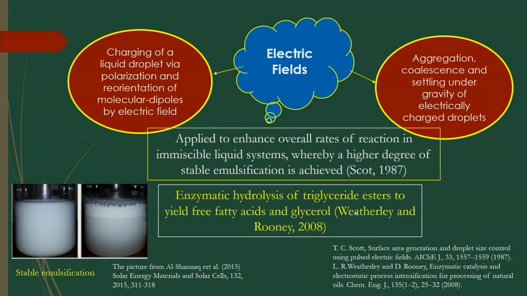Aggregation, coalescence and settling under gravity of electrically charged droplets also occur. Based on this you can intensify the process, like enzymatic hydrolysis of triglyceride esters to yield free fatty acids and glycerols, where you have to use stable emulsification based on these electric fields. In this way also you can get process intensification.